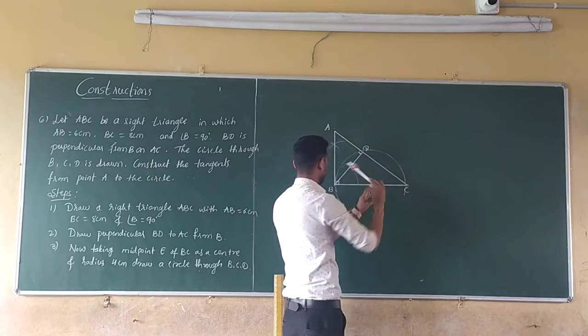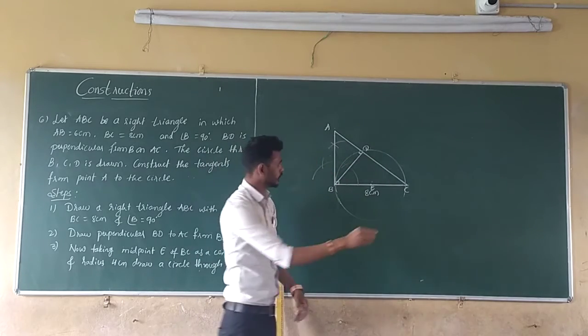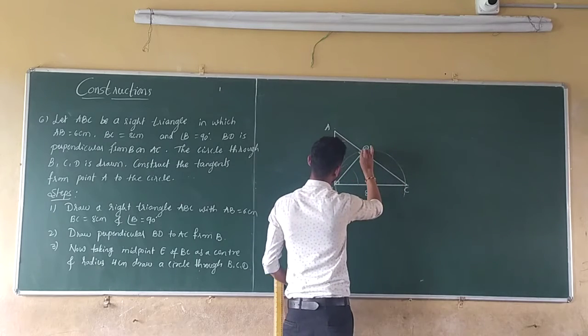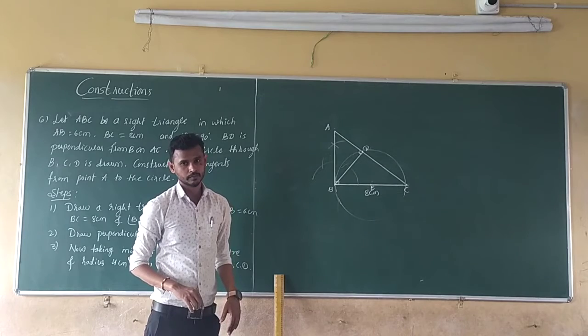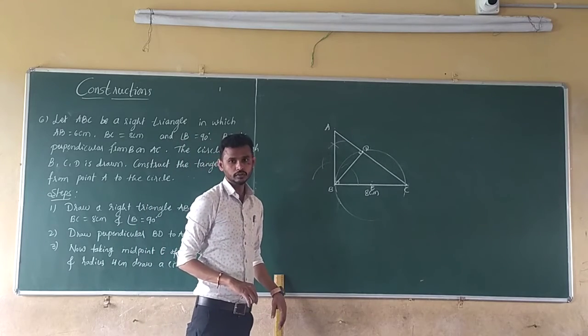You can draw them correctly. This circle will pass through these 3 points, B, C, D.